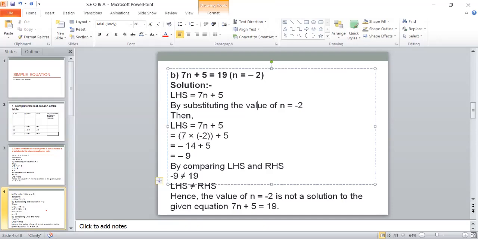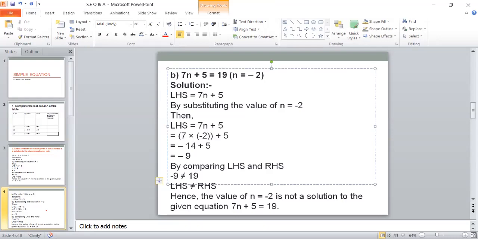By substituting the value of n is equal to minus 2, we get LHS is equal to 7n plus 5. If we put n as minus 2 in the equation, 7 into minus 2 plus 5. 7 into minus 2 means minus 14 plus 5. Minus 14 plus 5 is equal to minus 9. So by comparing LHS and RHS, look here.